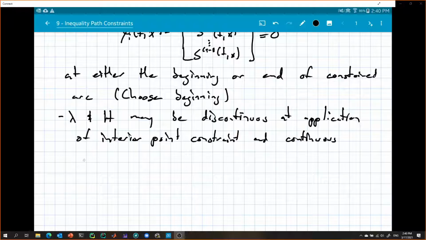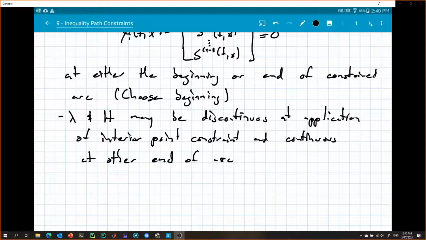I'm just writing out what I said prior. If you remember from when I taught interior point constraints, what is discontinuous tends to be what is constrained. Well, it's what's constrained.